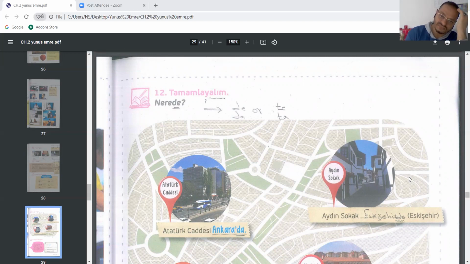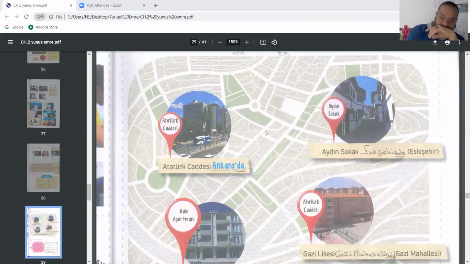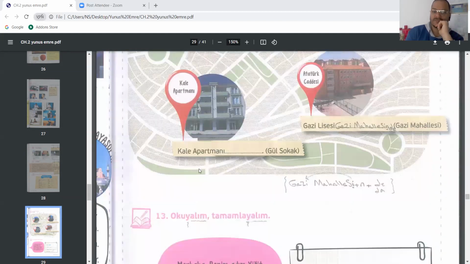Here we have the last section of the Turkish language lesson. We say çalışma kitabı, exercise book. Tamamlayalım. Nerede? Atatürk Caddesi, Ankara'da. We will put da or de, ta or te. Aydın Sokak, Eskişehir'de.